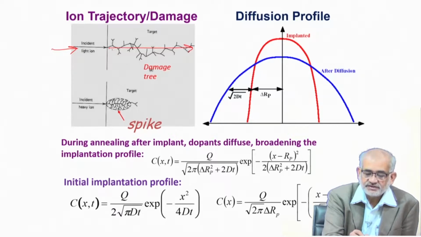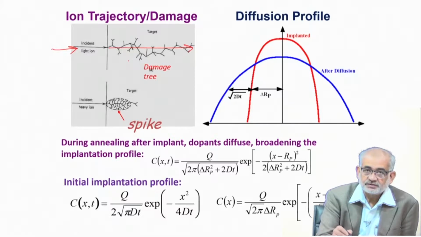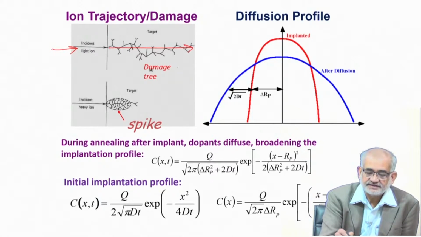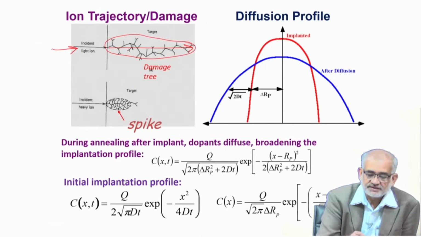As soon as they enter, they'll encounter a collision with an existing lattice ion and get deflected, which in turn will collide with another, and that will be set in motion, and the second and the third species will now collide with another. So there'll be multiple collision events, forming a kind of cascading effect, and in the process what you create is an area of so-called damage tree.